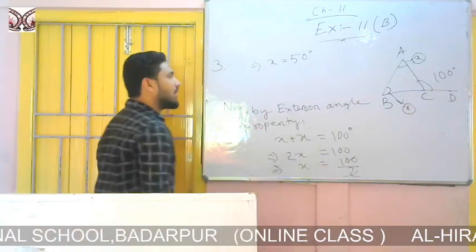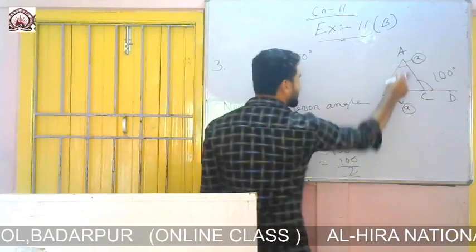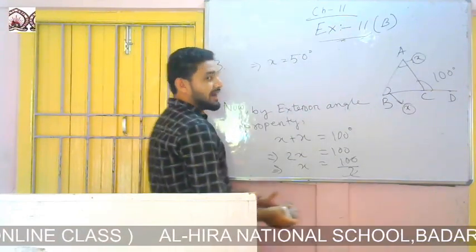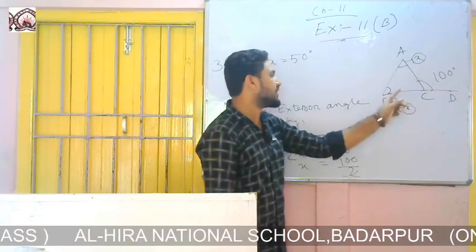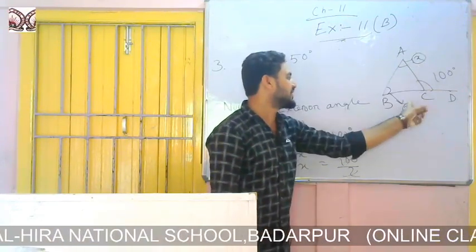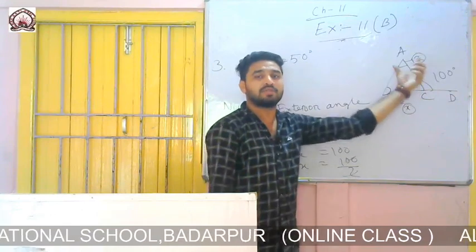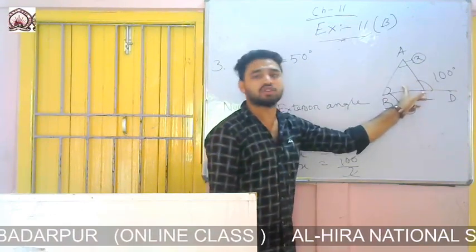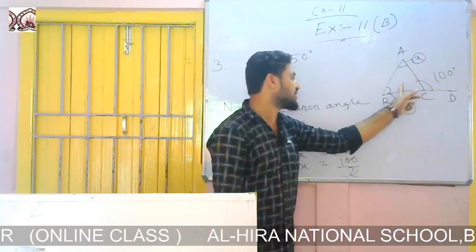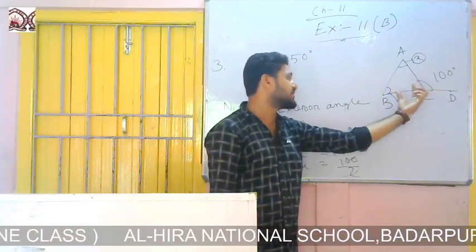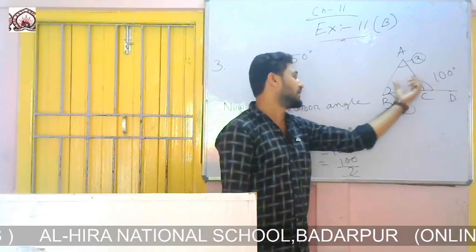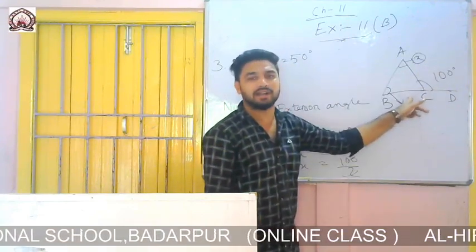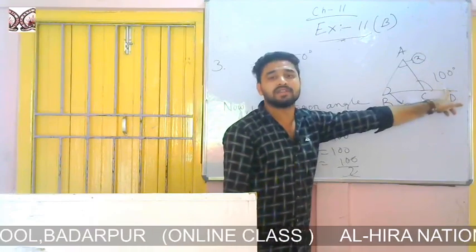50 degree. Okay. That means the measure of these two angles will be 50 degree. And also we can check, if it is 50 degree, then obviously this will also become 50 degree, because they are equal, and 50 plus 50 equals 100 degree. The definition says that the sum of the two interior opposite angles equals its exterior angle. So 50 degree plus 50 degree we are getting 100 degree, and it is equal to its exterior angle.